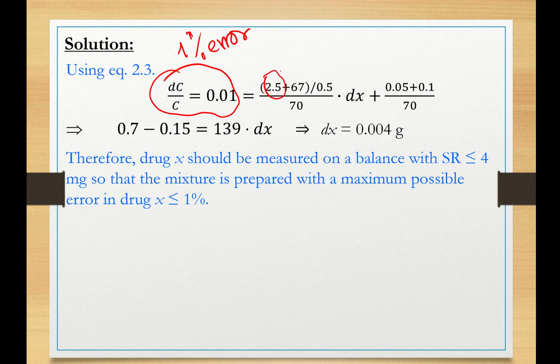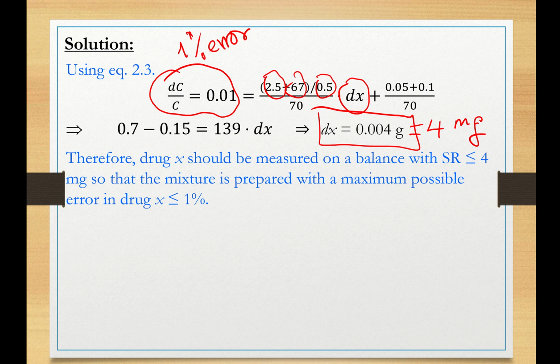The mass of Y is 2.5, lactose is 67 grams, and drug X is 0.5 grams. We need to determine dx. That's the sensitivity requirement of the balance that is used to weigh the drug. So when you carry out the algebra, you end up with an SR of the balance that is going to be used to measure the drug of 4 milligrams.